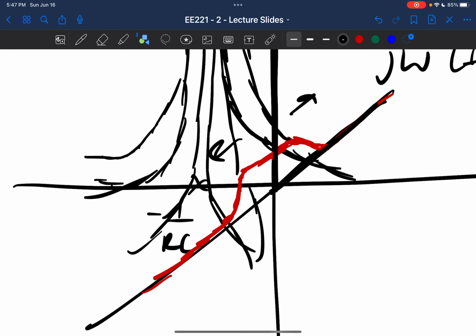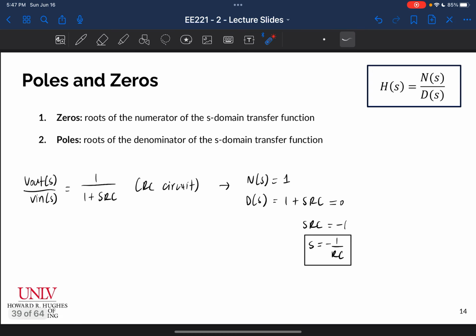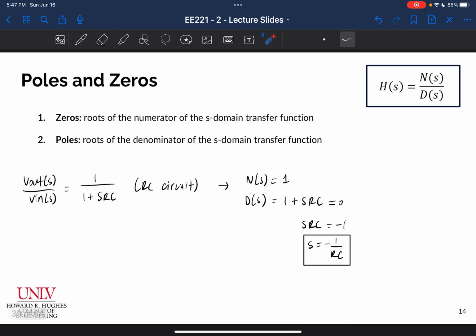I showed that a value of -1 over RC, I kind of have it buried down here, would fall on the negative sigma axis here. Again, not important with all that context. What is important is that this pole directly influences the frequency response, which is what we've seen.